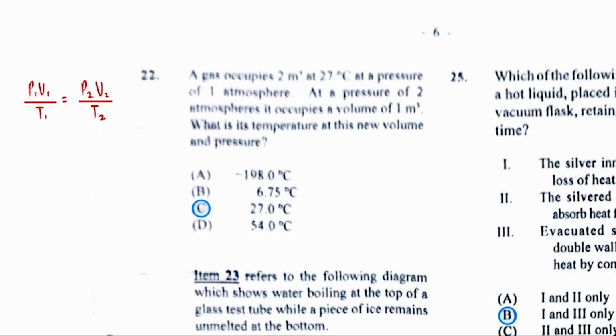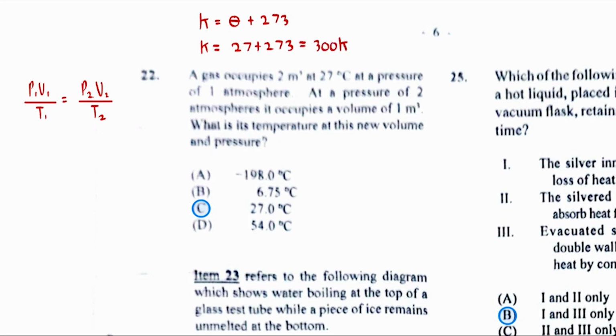In any gas law question, you need to convert the temperature to Kelvin. To convert temperatures to Kelvin, you add the temperature in degrees Celsius to 273. So 27 degrees Celsius is going to turn to 27 + 273, and that's equal to 300.